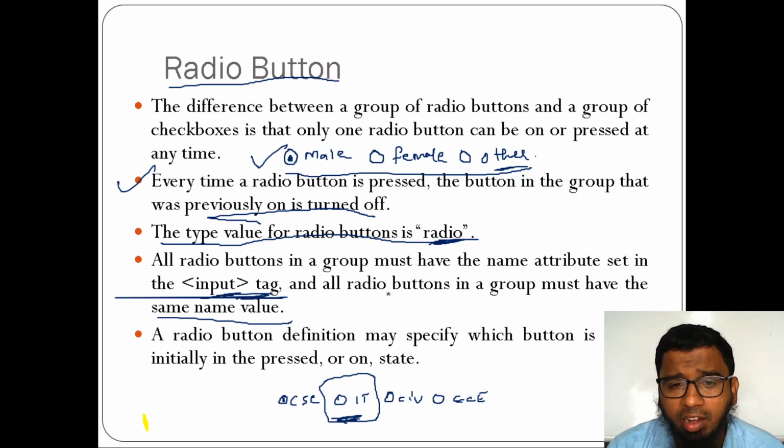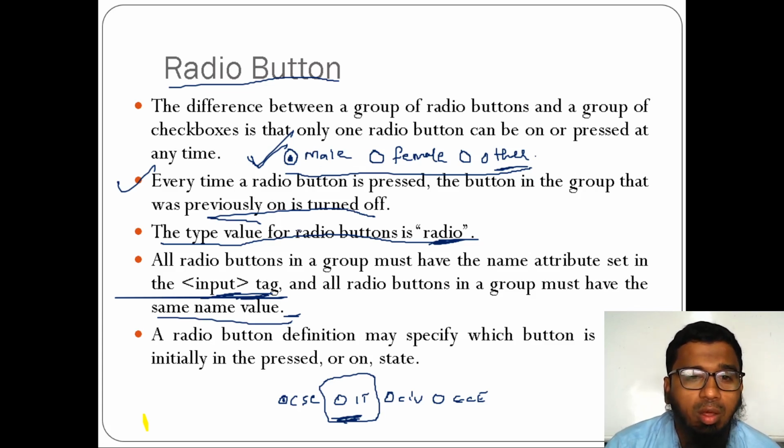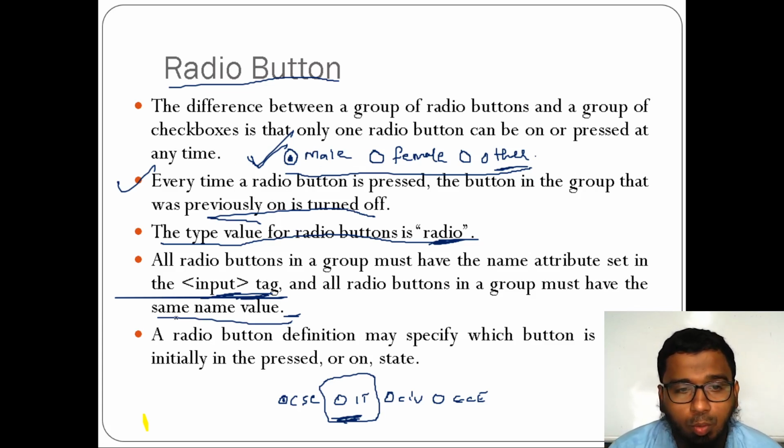Like if you are using male, female, other, they all share the same name. If you mix in something else, like IT or CSE, then it is not a proper way. So you must have the same name value.